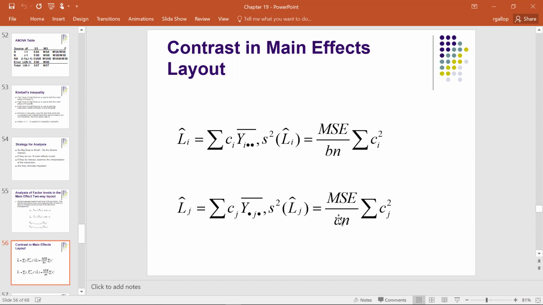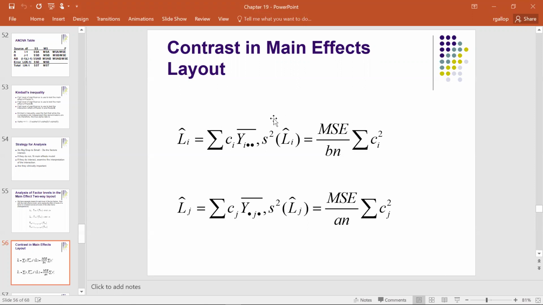Now, obviously, we're not deriving this by hand. We're letting SAS do the work for us, or again, like I said before, whatever software you're using will do the derivations for us. But the big thing is it depends on the MSE, the coefficient squared, and that becomes the component of the linear contrast.